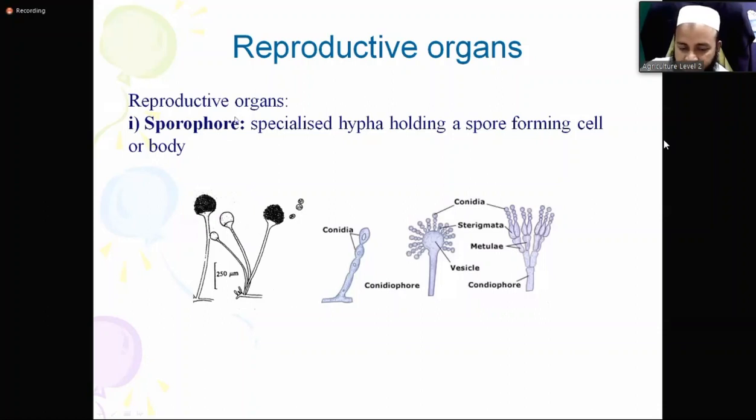So a specialized hypha holding a spore-forming cell or body is called sporophore. I believe you understand. Even if they are not spores yet, if they contain a spore-forming body, this is also a sporophore, because their spores will grow.